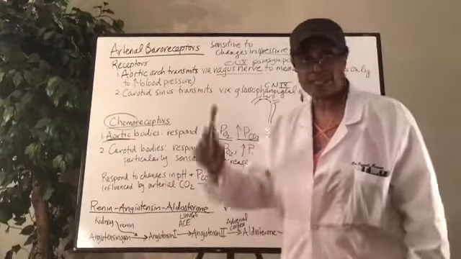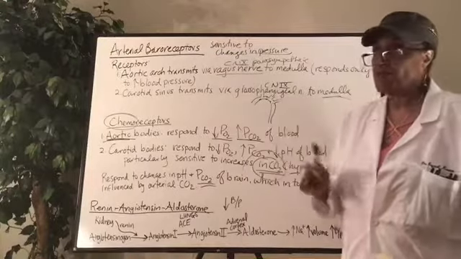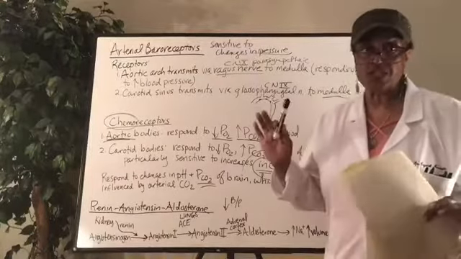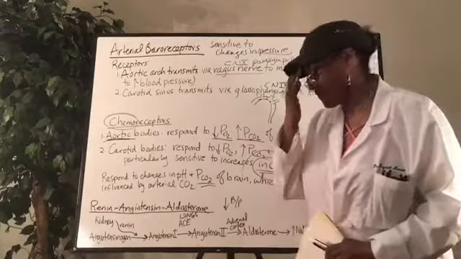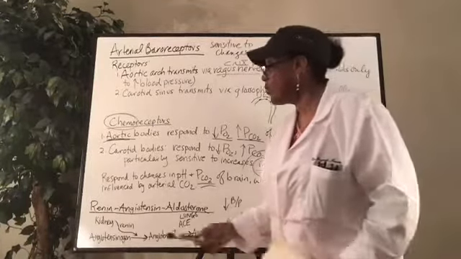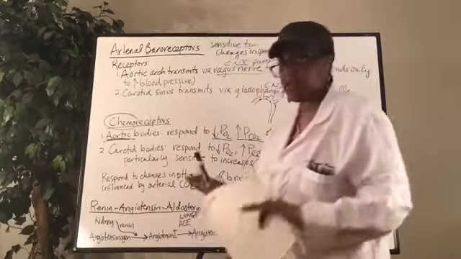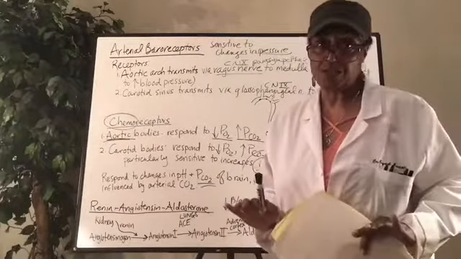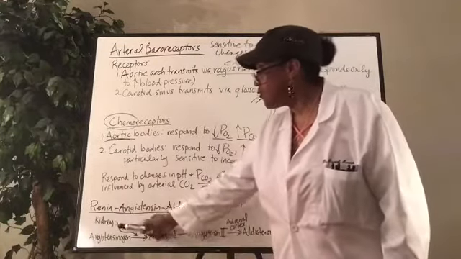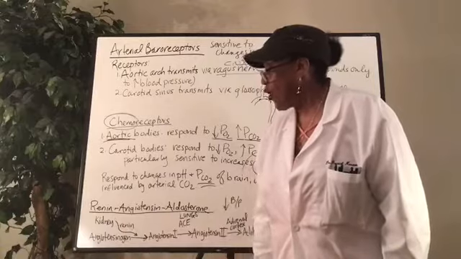What will happen is, well, a couple of things will happen, but we'll talk about the kidneys with the juxtaglomerular system. The kidneys will notice, hey, there's a decrease in pressure coming in. So the kidneys will release renin.